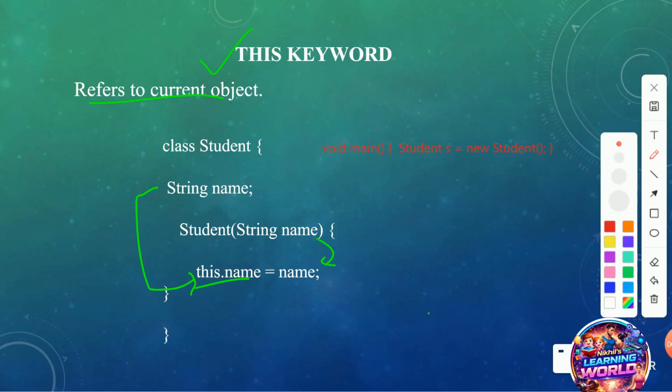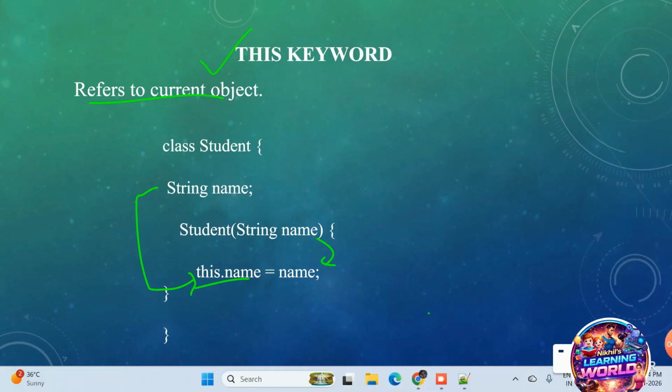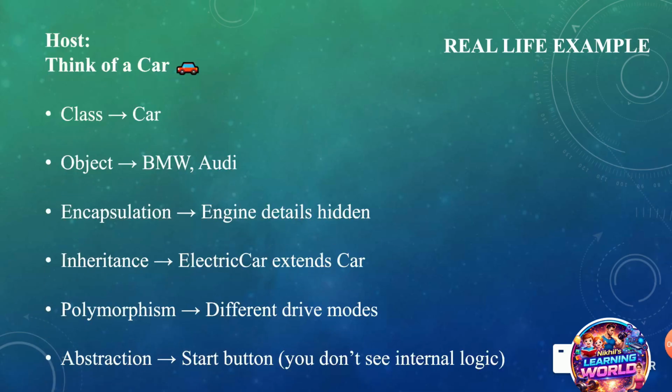For a real life example, for your understanding, think of a car. The car is a class, and objects are like Audi, BMW, Tata. Encapsulation is hiding engine details.